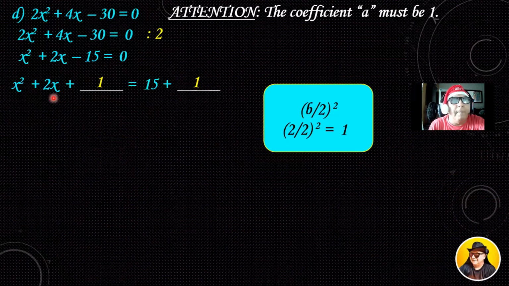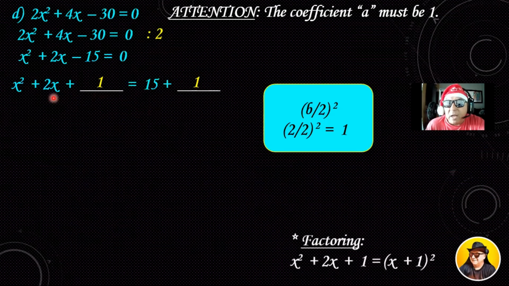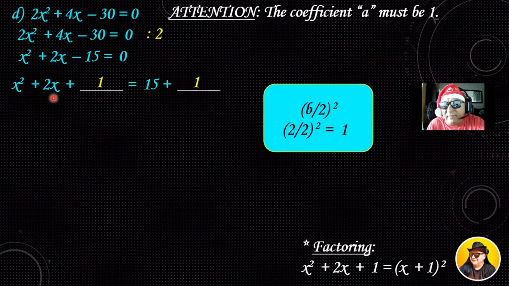Well, factoring the trinomial, we have x squared plus 2x plus 1. The square root of x squared is x, and the square root of 1 is 1. And the sign is plus, so x plus 1 squared. Let's remove the trinomial and write the factored form.